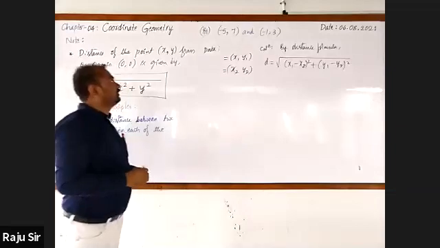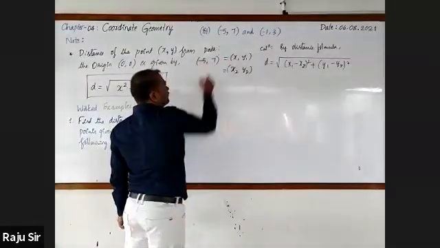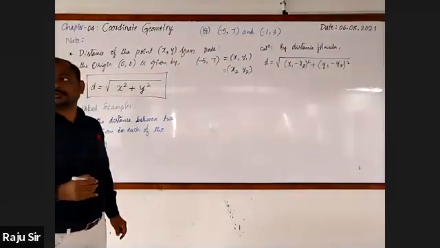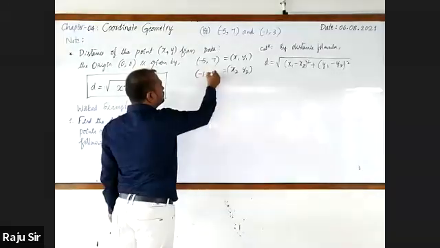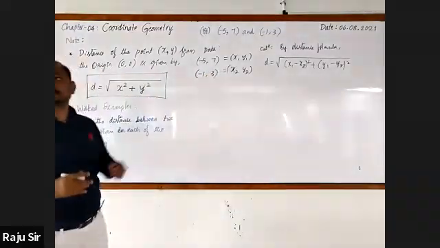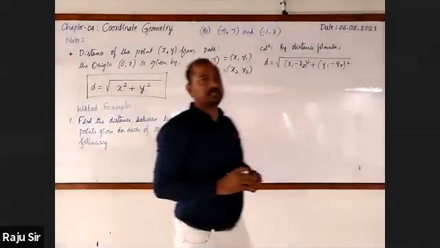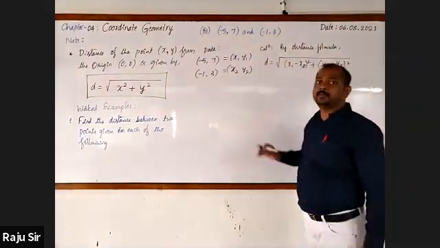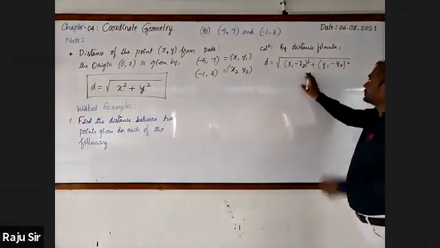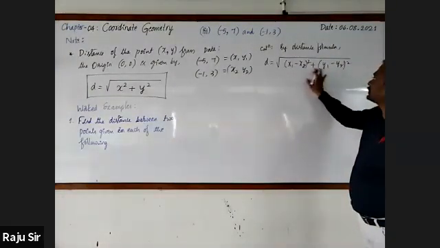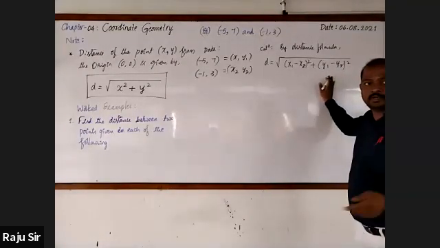First write the given: minus 5 comma 7 is x1, y1, and minus 1 comma 3 is x2, y2. By distance formula, d is equal to square root of (x1 minus x2) whole square plus (y1 minus y2) whole square.